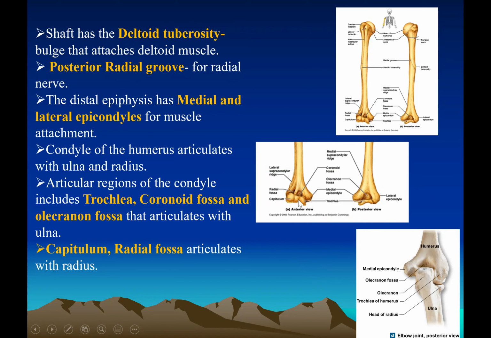The main articular regions that you can see in the condyles are the trochlea. See, this is the process, the projection that you're seeing here. The olecranon fossa is seen in the posterior aspect, and the coronoid fossa.